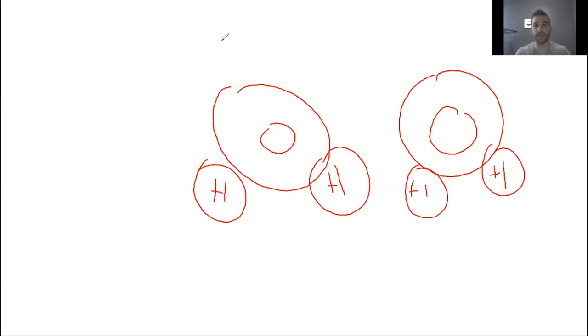So that's a little breakdown of what I'm talking about here. Now, the hydroxide, which I drew originally, the OH negative, is a molecule that is satisfied.